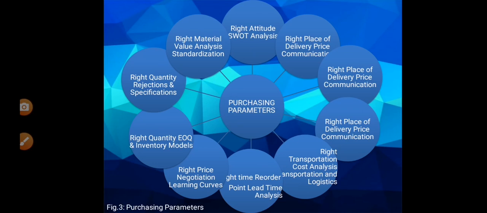Next is the right time. For determining the right time, the purchase manager should have lead time information for all products and analyze its components for reducing the same. So lead time is the total time elapsed between the recognition of the need of an item till the item arrives and is provided for use.